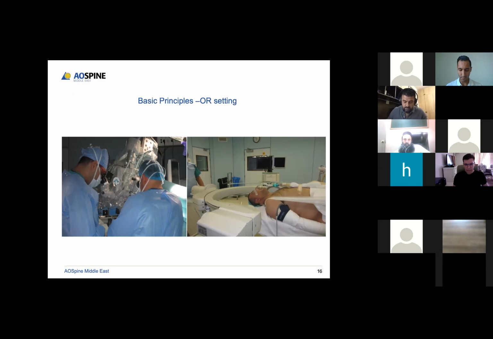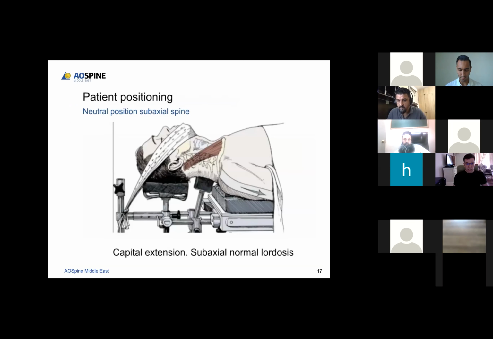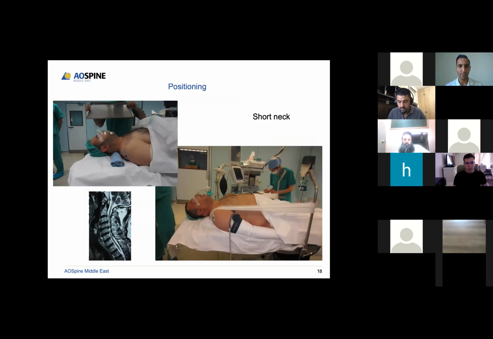Go back to the technique. You have to check the OR setting, the availability of the microscope, and the availability of the C-arm. Position is very important in this procedure. I personally use a small pillow behind the shoulder to get some minor extension of the neck, especially in short neck cases.